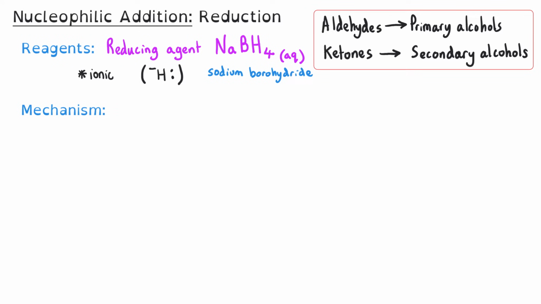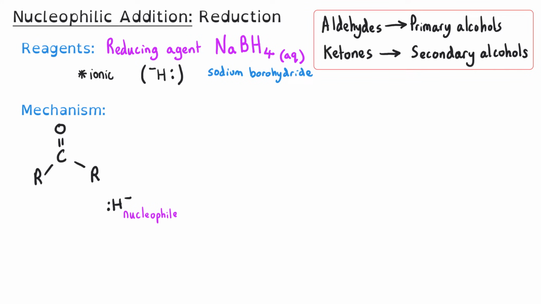You need to be able to understand and recreate the mechanisms for the reductions of aldehydes or ketones back into alcohols. And these are called nucleophilic addition reactions. And the hydride ion from the reducing agent is the nucleophile. You need to remember that within the aldehyde or ketone, the C double bond O is polar, and that's because the carbon is electron deficient and the oxygen is more electronegative.